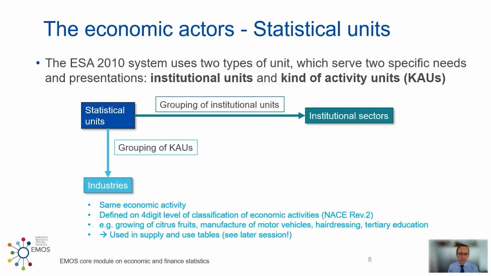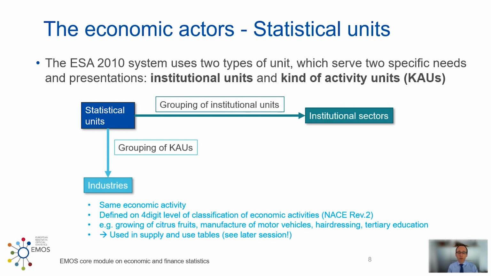You can imagine that it's quite useful for economic analysis to put together and to analyze the activities on that basis. Imagine, for example, a company which produces cars and bicycles at the same time. This means when we look at industry, we would separate these two activities and put together the car production activity as one industry and the bicycle production activity as another industry.